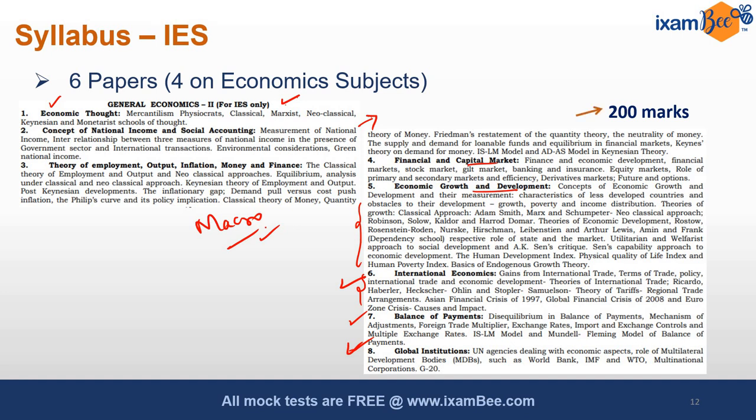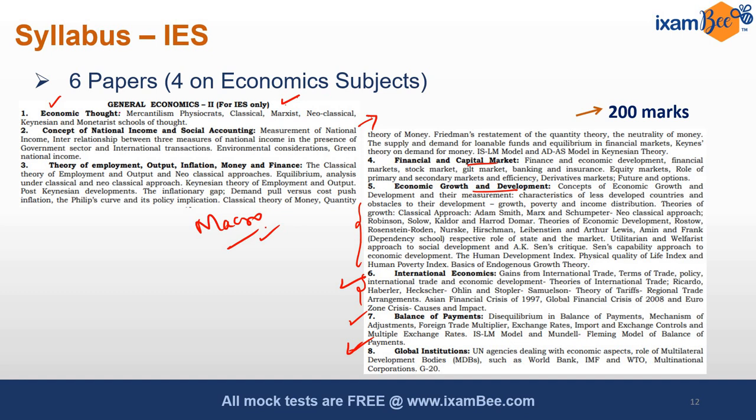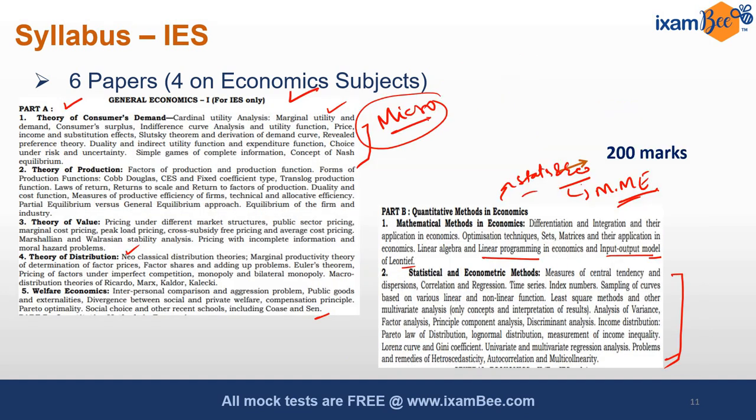Then on the third day you are required to give again 2 papers on economics. However, even if you can cover paper 2 of the IES syllabus on economics, and paper 1 of the IES syllabus in economics, then your RBI DEPR syllabus would almost be covered.